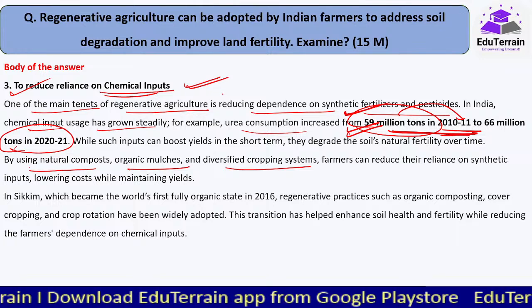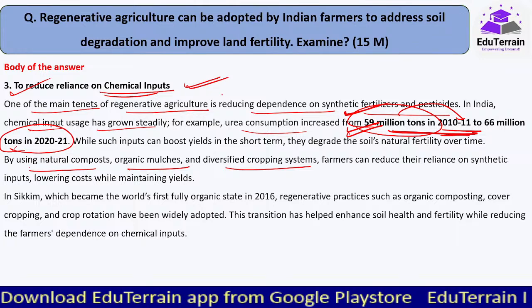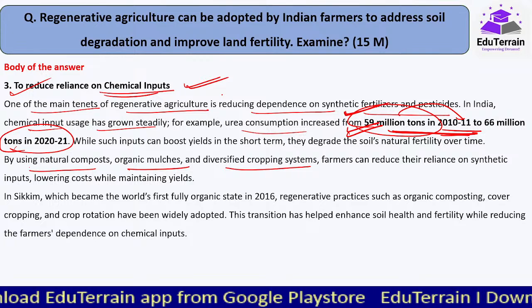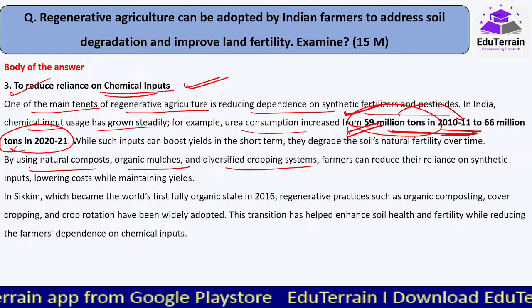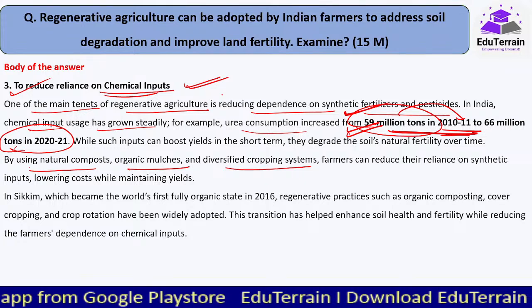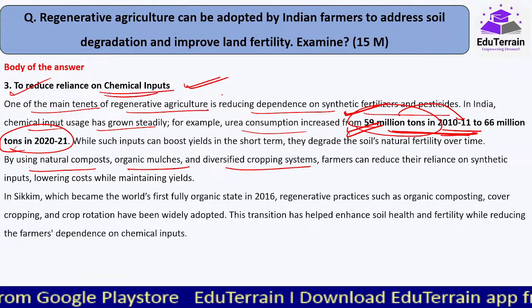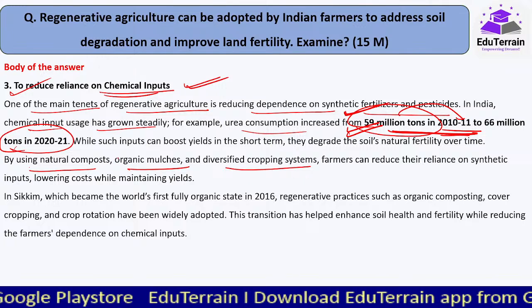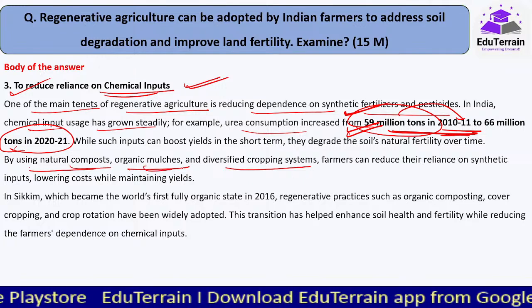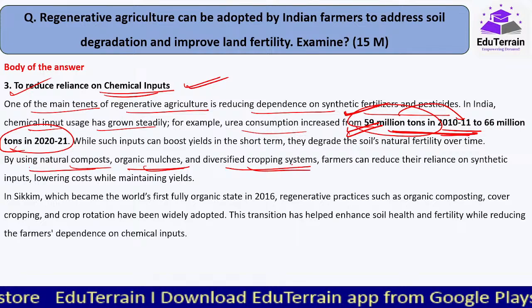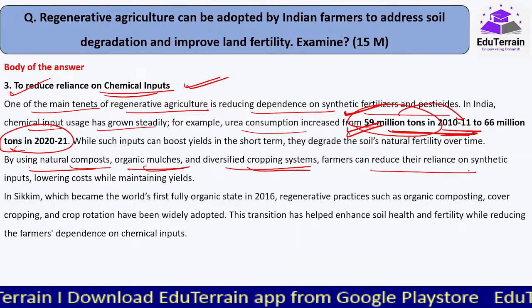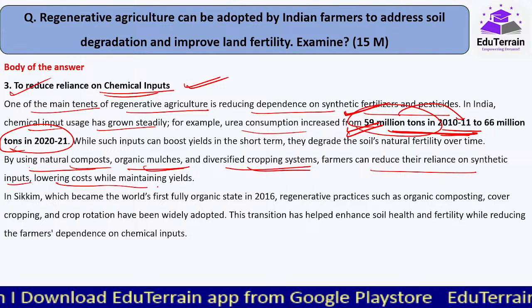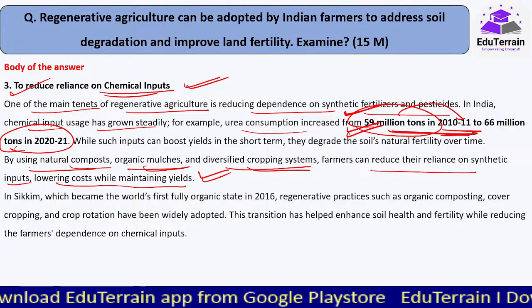Since we are examining how regenerative agriculture can be adopted for various issues faced by the farmers of India, we are using those key practices only. So here again, see, natural compost, natural farming, organic mulches, organic farming, diversified cropping system, again one of the key practices of regenerative agriculture. Farmers can reduce the reliance on synthetic inputs, lowering cost while maintaining yields.